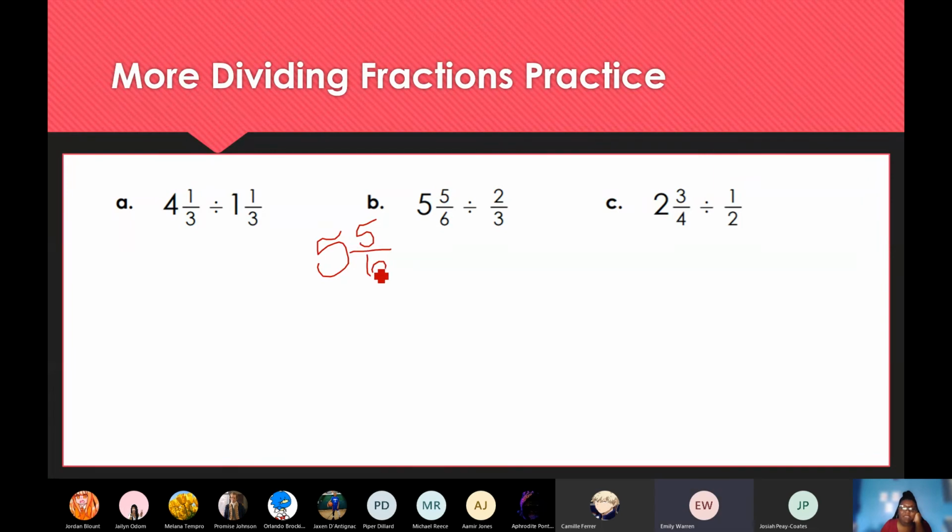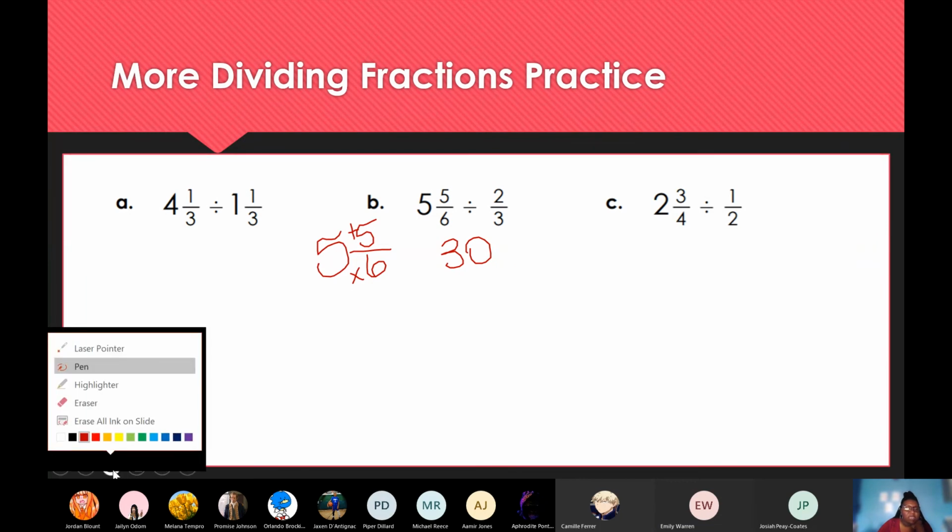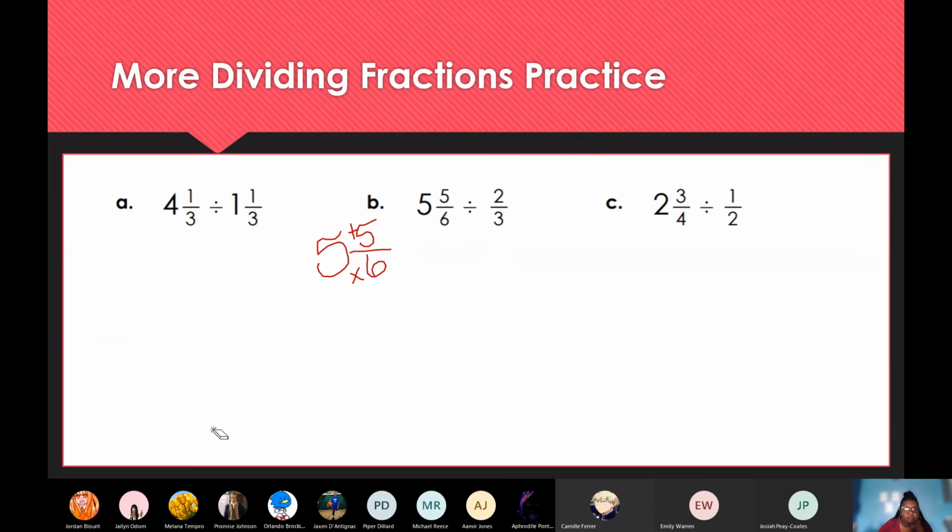Yeah, we're going to make that mixed number into an improper fraction. Remember, we multiply the denominator and whole number and then add the numerator. What is 6 times 5? 30. And what is 30 plus 5? 35. Very good. And so we're going to just carry this 6 as the denominator over to our new improper fraction.